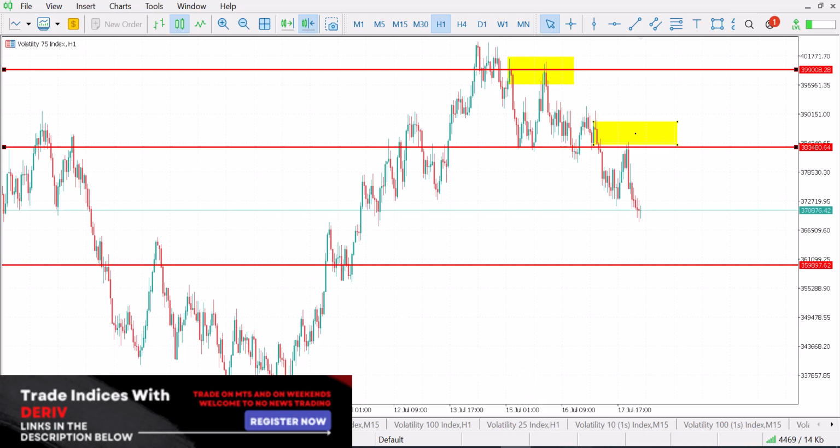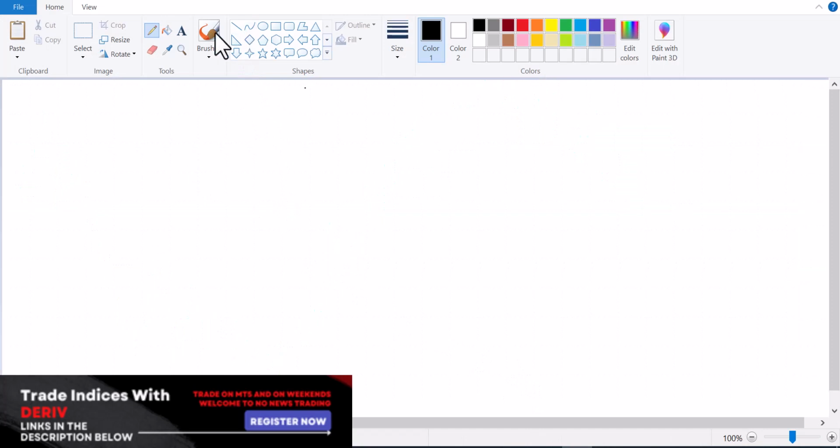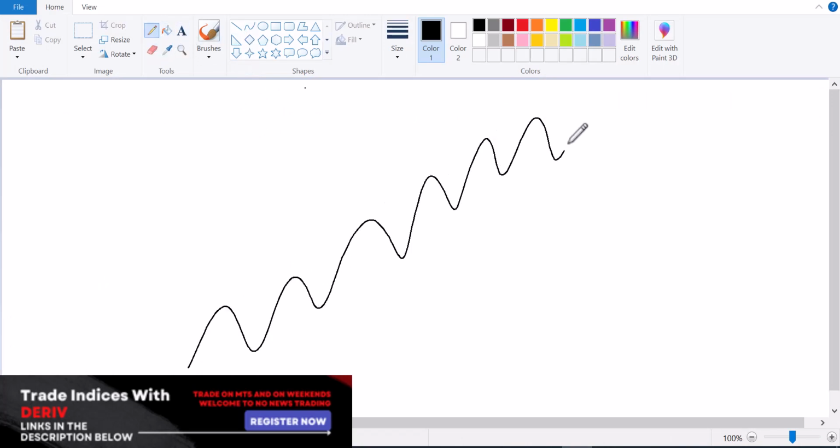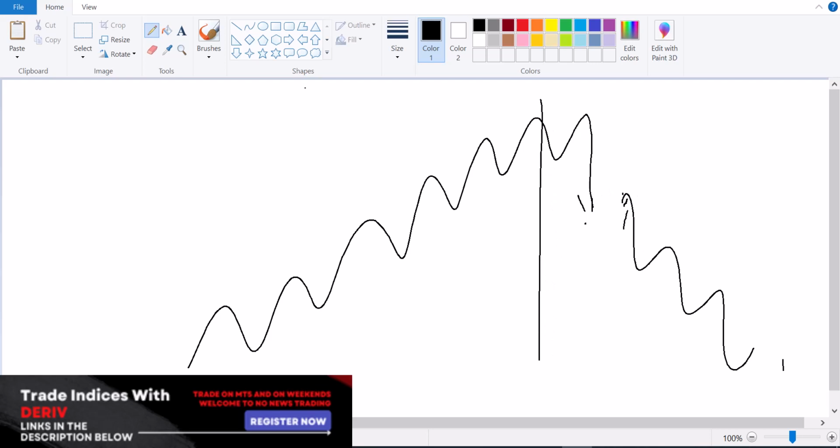So what we are going to begin with is this. We are going to start with the cycle that I have shown in some of my videos, right? If we are looking at this, you clearly see that we have two sides of this cycle. We have this bullish cycle and we have the bearish cycle.